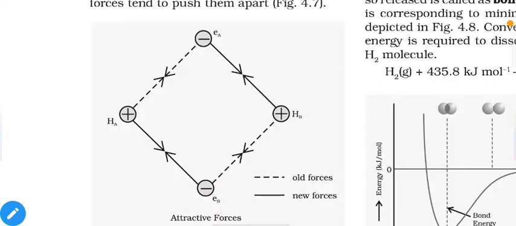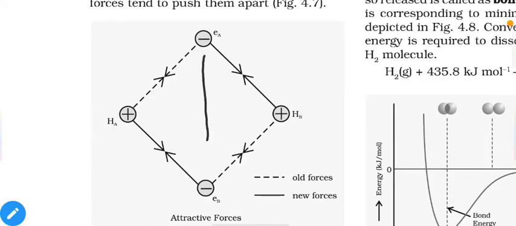Now in this structure, all attractive forces will try to decrease the distance. That means if two different particles are attracting each other, then they will approach close to each other, and repulsive forces will separate them. That means particles feeling repulsive forces move away from each other. So let us identify which of these particles will feel attraction and which will feel repulsion.